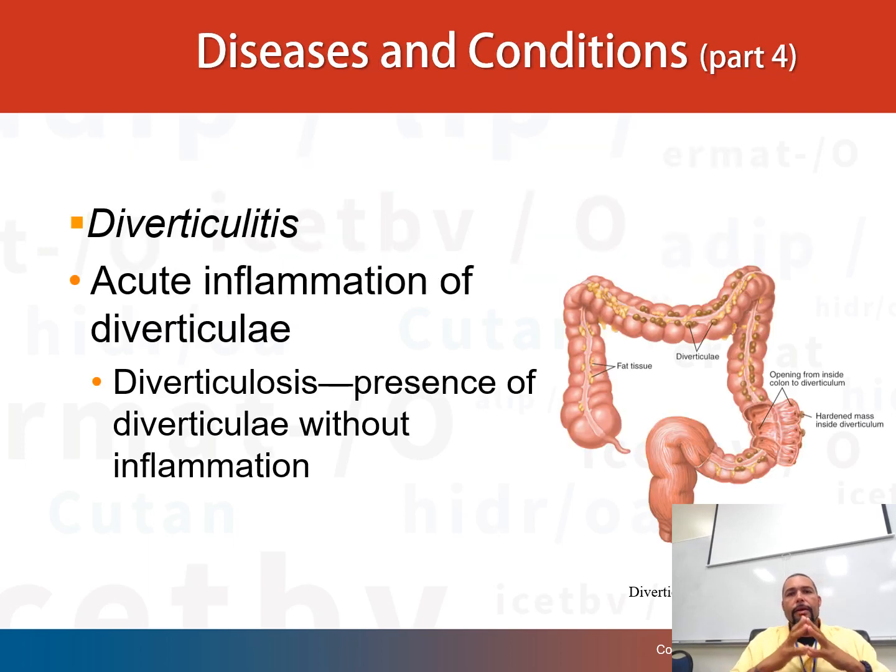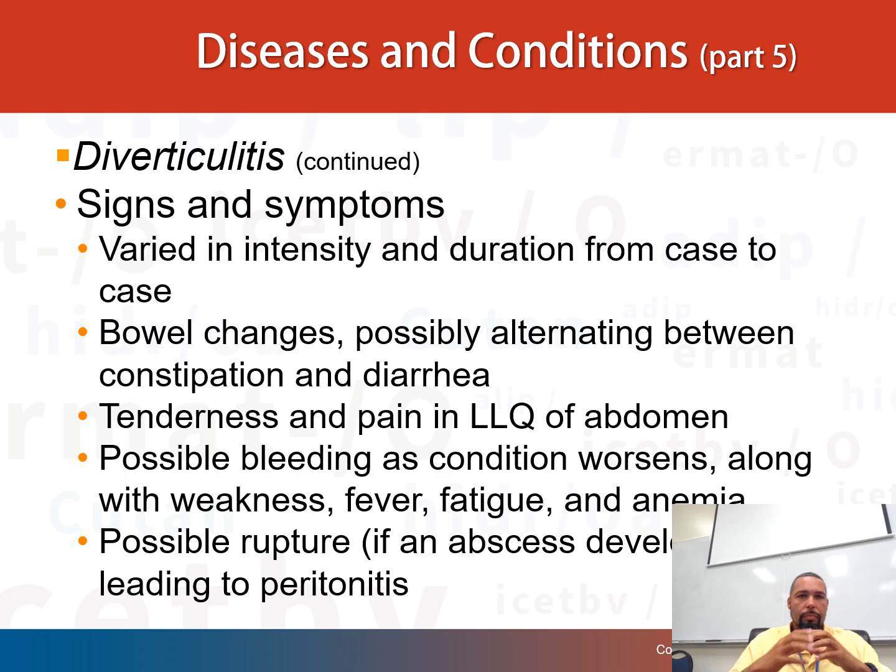All right. Next disease we could talk about is diverticulitis. This is an acute inflammation of the diverticulae. Diverticulosis is the presence of diverticulae without inflammation. All right, some signs and symptoms. It varies in intensity and duration from case to case.